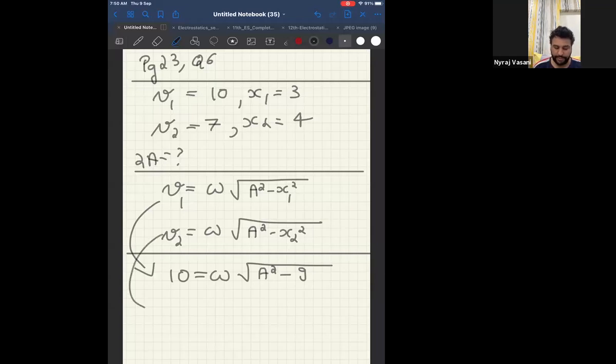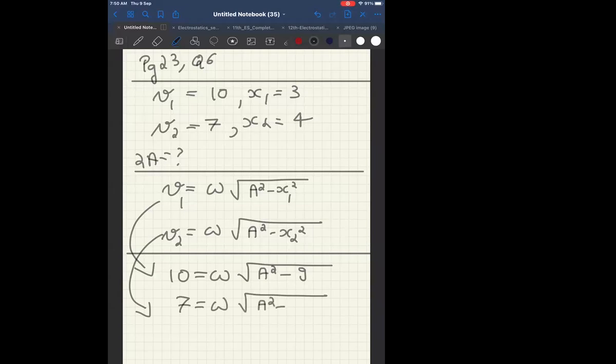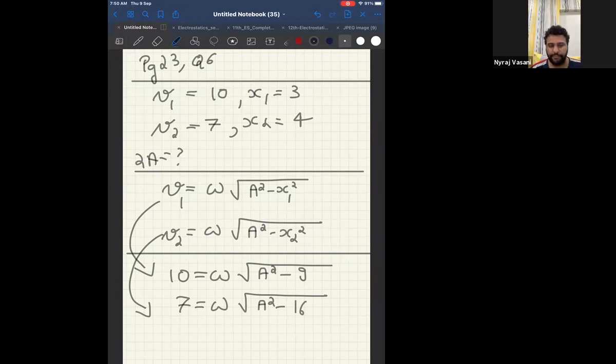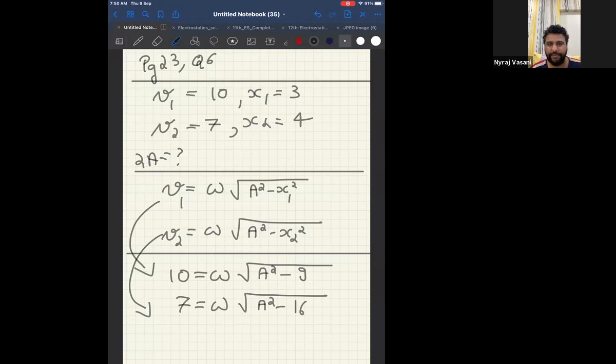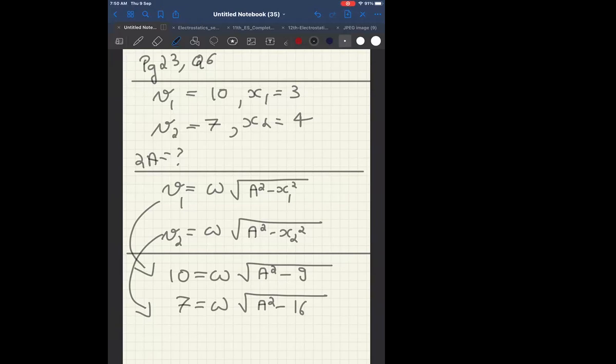Now tell me what will be the second equation. Easy. Yes. Now can you get A from these two equations? I've given you the clue. Now can you proceed and try to get A? Start.